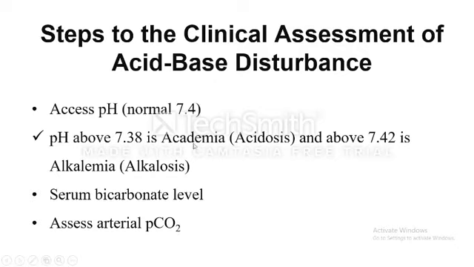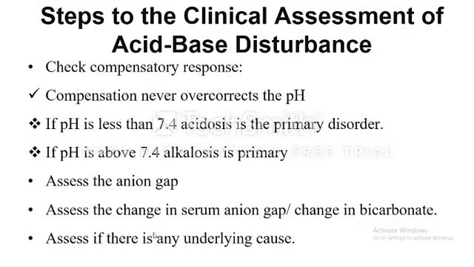A pH below 7.38 is acidemia or acidosis. Above 7.4 is alkalemia or alkalosis. Then we check the serum bicarbonate level and assess the arterial carbon dioxide pressure. Check the compensatory response.